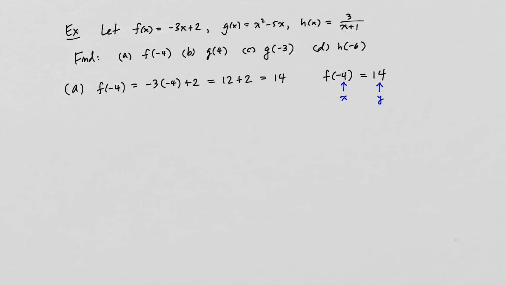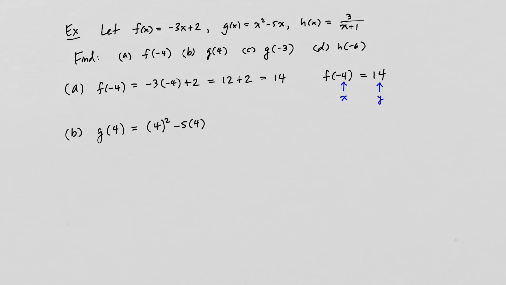How about part B? Part B is asking us to do g of 4. G of 4 means to go to the g function and replace x with 4. And so if we do that, g of 4 is going to equal 4 squared minus 5 times 4.